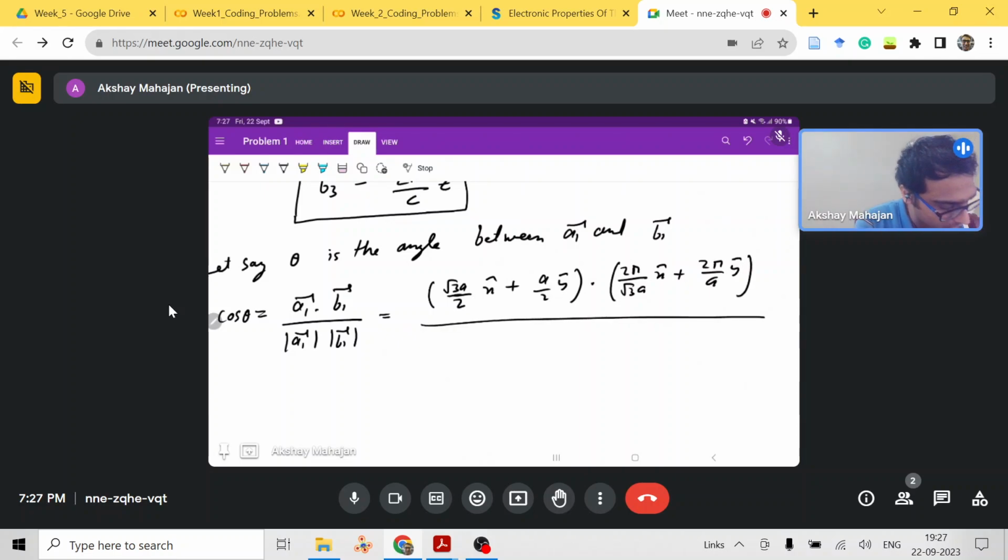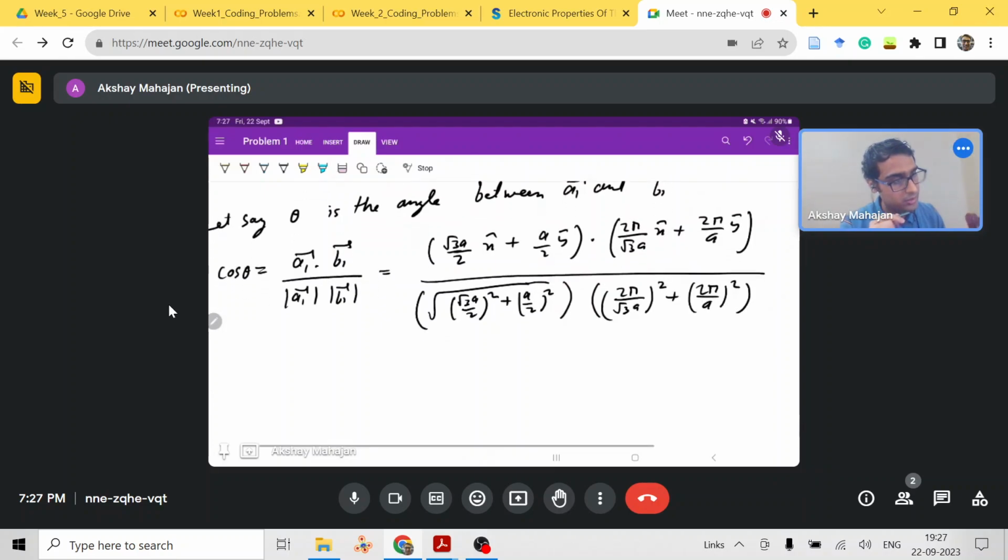Divided by the modulus of this: the modulus of a1 vector will be equals to root of root 3a by 2 whole square plus a by 2 whole square, and mod of b1 vector will be given by root of 2 pi by root 3a whole square plus 2 pi by a whole square.